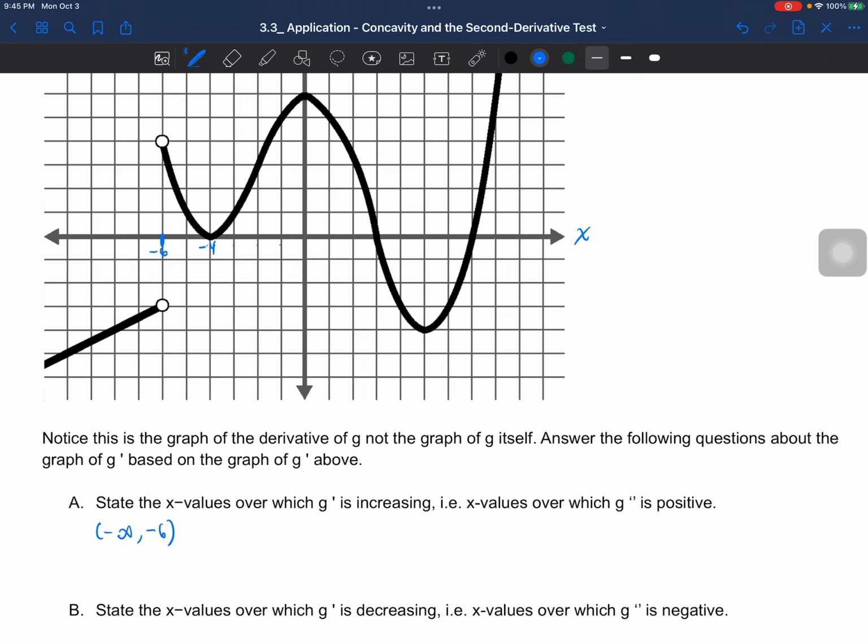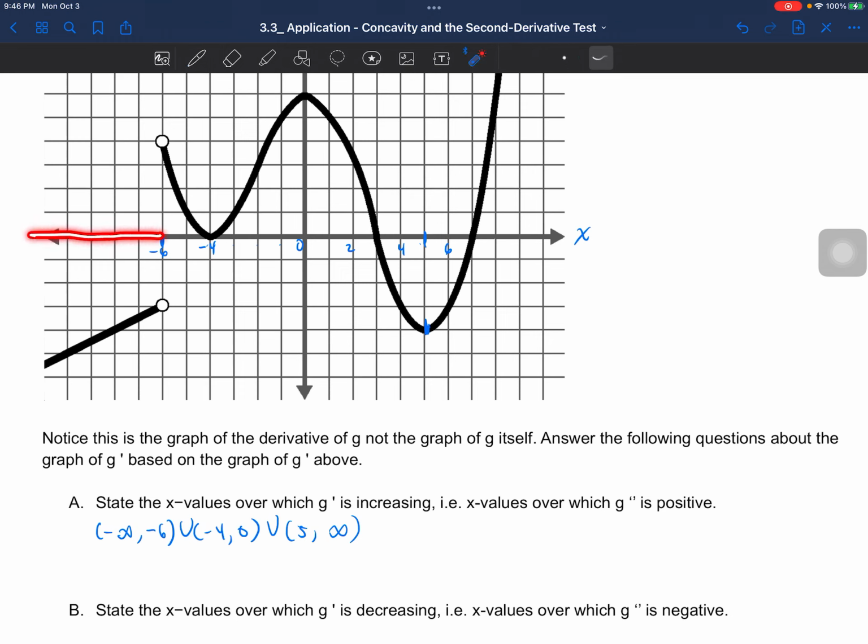So from negative infinity to negative 6, and then from negative 4 to 0, and then from, that's 2, 4, 6. So somewhere in here, that's 5. So from 5 all the way to infinity.